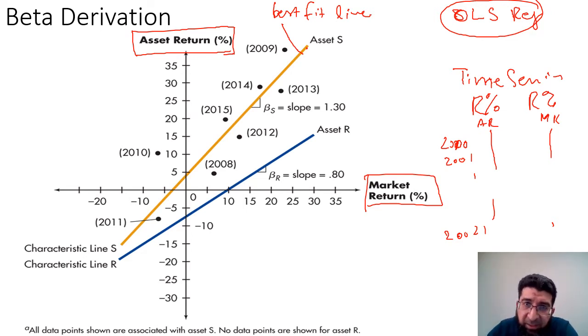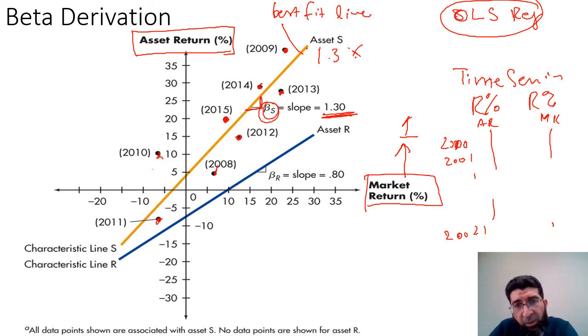So this best fit line means that these are the data points for 2009, 2014, 2013, 15, 12, 8 and 10. You can see these data points are spread on the axis. Now the line actually crosses in the middle. This is what we call the best fit line to these data points, and the slope of this line, which is represented by beta, is 1.3, which means if the market return increases by 1, the asset return will increase by 1.3 times.